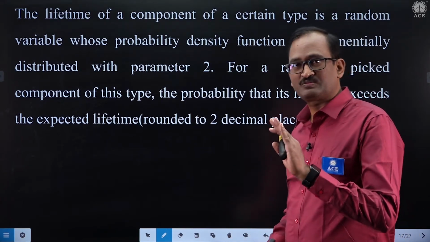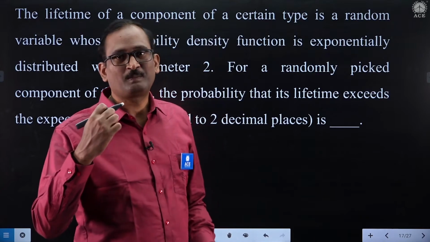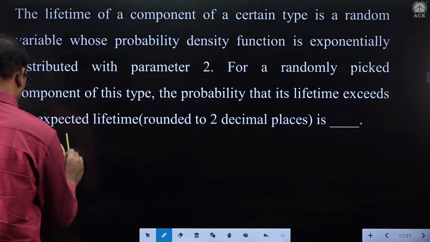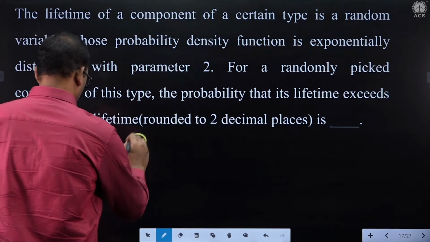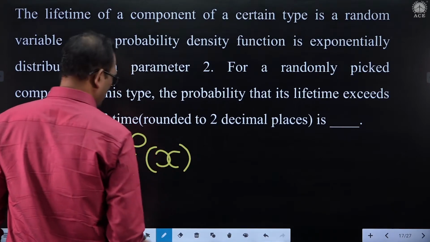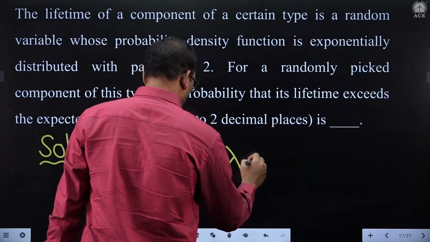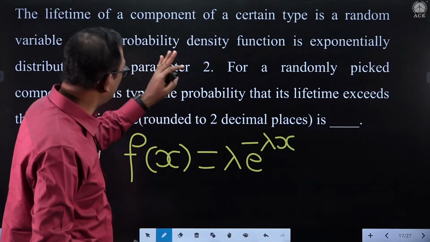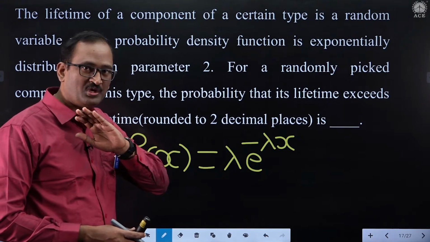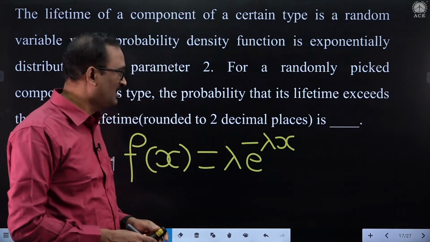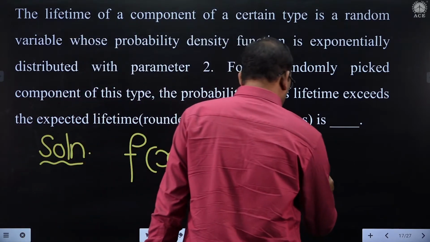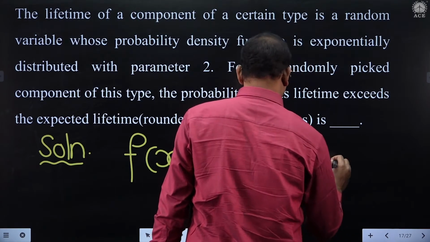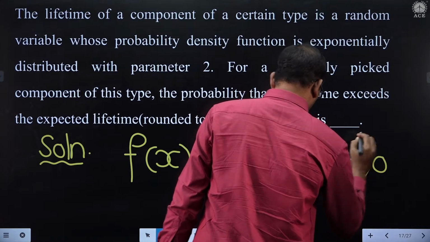Anyhow, this is an exponential distribution. What is the probability density function of exponential distribution? f of x is equal to lambda e power minus lambda x, where x is the time, because this exponential distribution is purely time related, and x is always greater than or equal to 0.